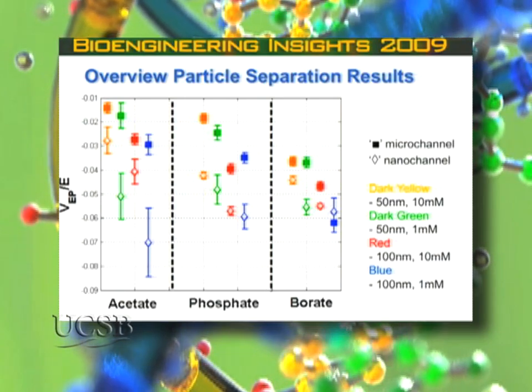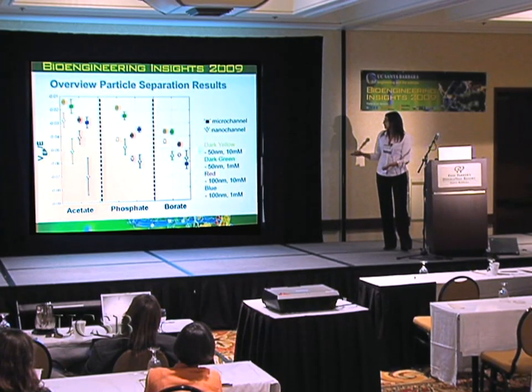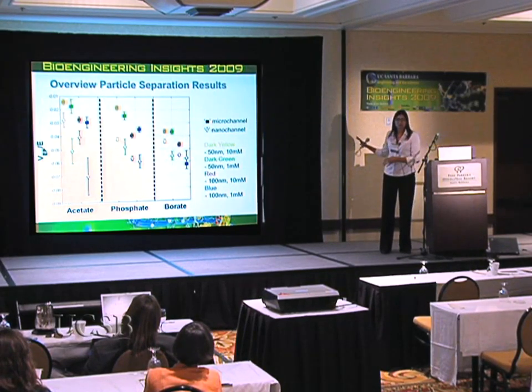It also depends on the size of the particle, if it is 50 or 100 nanometers big, and it also depends on the concentration, 10 millimole or 1 millimole. So there's a lot of things involved, whereas in the small ions, it would just be all one graph. Here you can see there's 20 different parameters, and we're still working through this, especially with the help of some computational scientists.